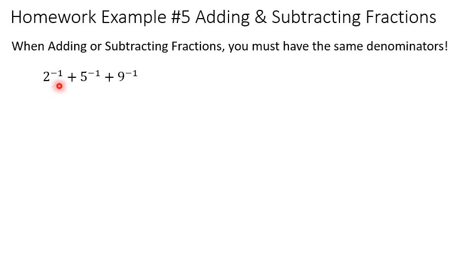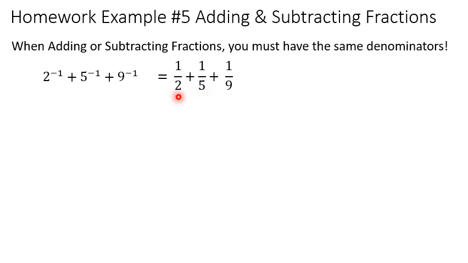We have all these negative exponents, and the first thing you're going to do is get rid of those. Remember, we just talked about how you get rid of those by taking the reciprocal, and so then they become positive exponents. So all of these are going to be positive exponents down here once we take the reciprocals.